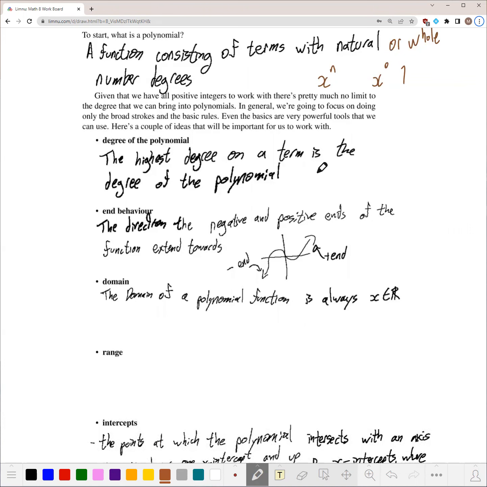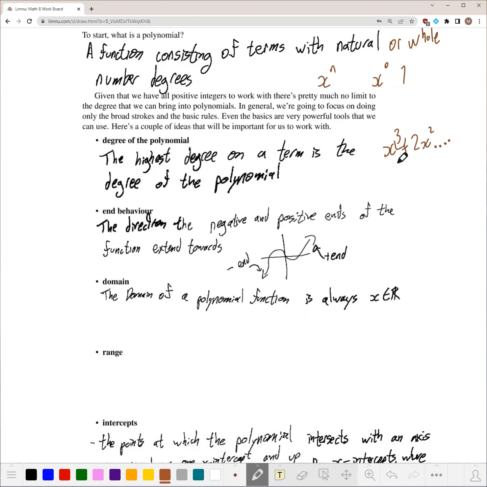If I've got something like the example we did above, x cubed plus x squared and so on, our leading term often, but whatever our highest degree is, is the degree of our overall polynomial. So this would be a third degree polynomial because it's got the highest degree of 3.